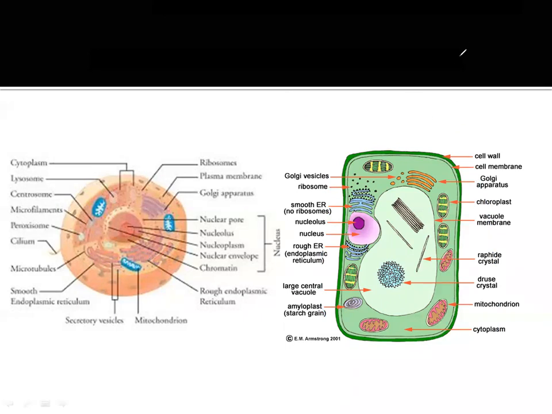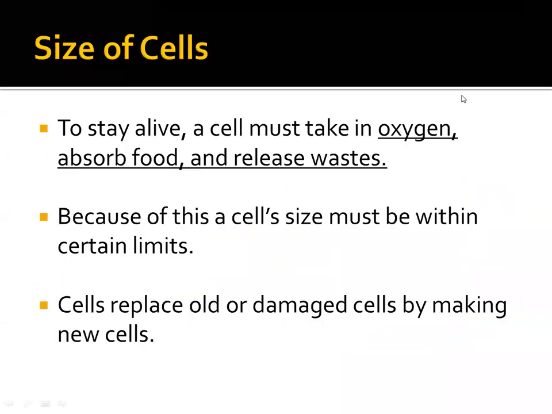Let's move on now to the size of a cell. To stay alive, a cell must take in oxygen, absorb food, and release waste. Because of this, a cell's size must be within certain limits. For example, red blood cells are tiny, tiny things. A drop of blood could contain 100,000 red blood cells.